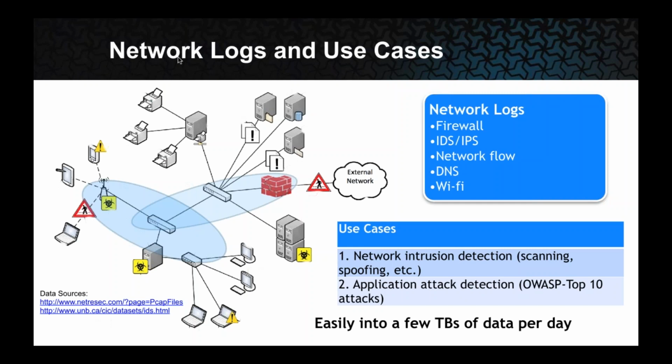Here, I'm going to talk about more supervised machine learning use cases where we can leverage labels as well. In some cases we can actually label, for example, application attack detection, like the OWASP top 10 attacks.